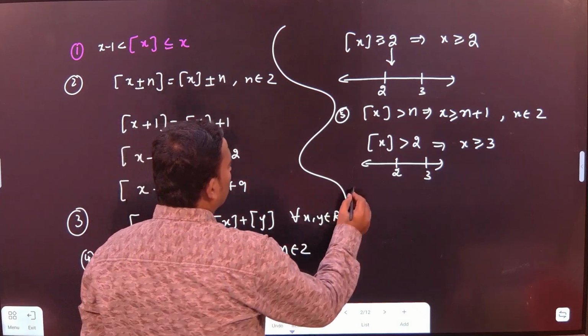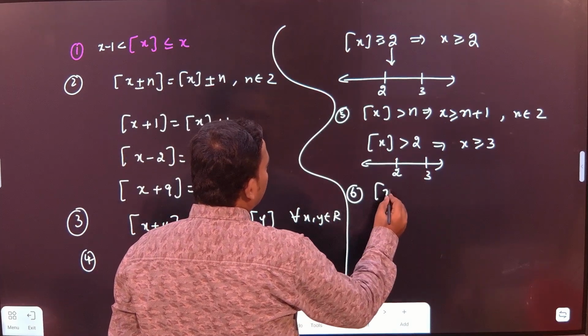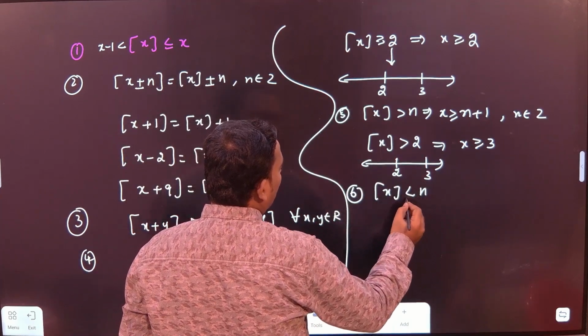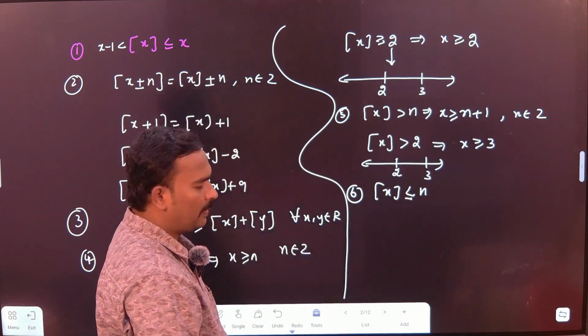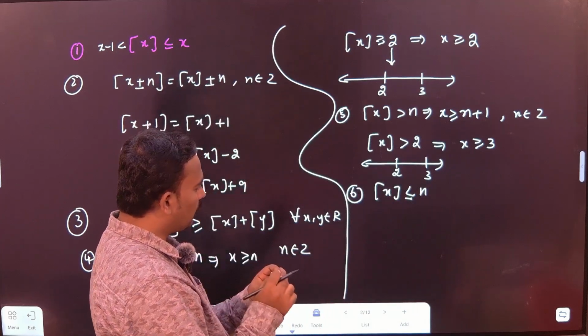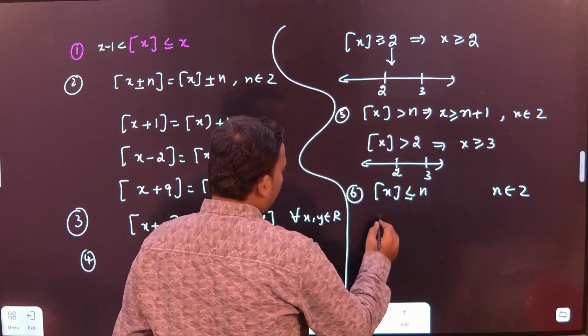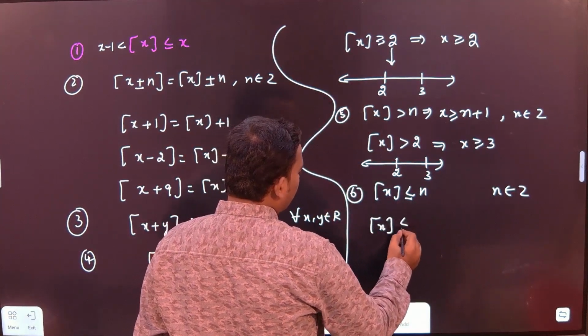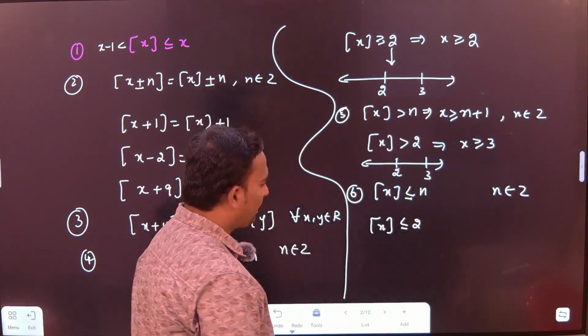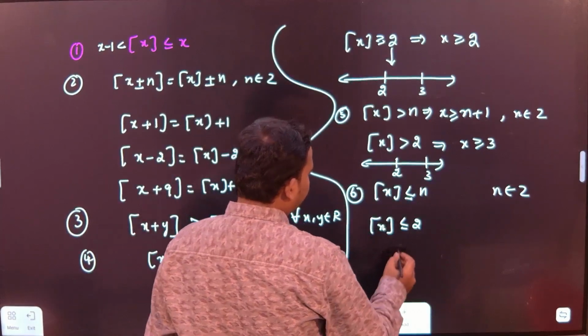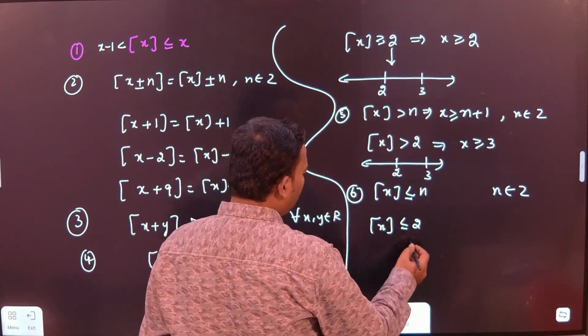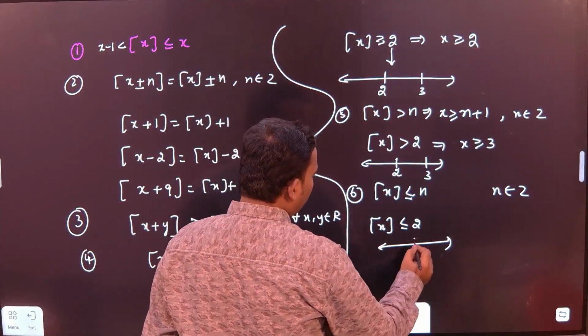Let's take another one: the greatest integer function less than or equal to n. In that case, what x values are possible? Here n belongs to integer. Suppose the greatest integer function is less than or equal to 2. Less than or equal to 2 means you can fix the 2 here.